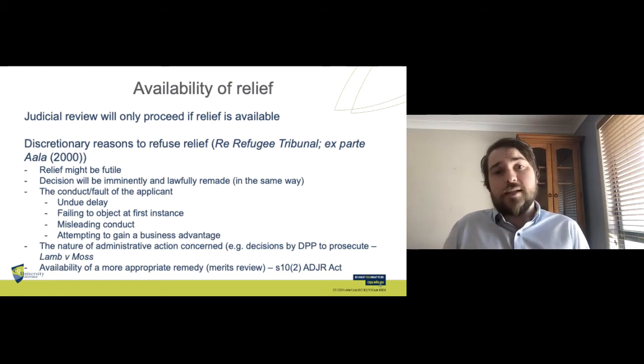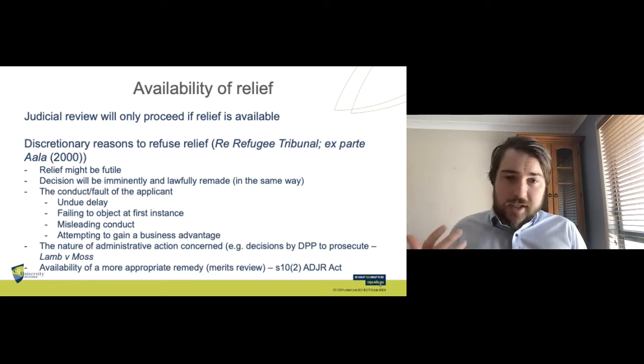So yes, maybe a decision maker denied the applicant procedural fairness. Maybe they failed to take into account a relevant consideration.